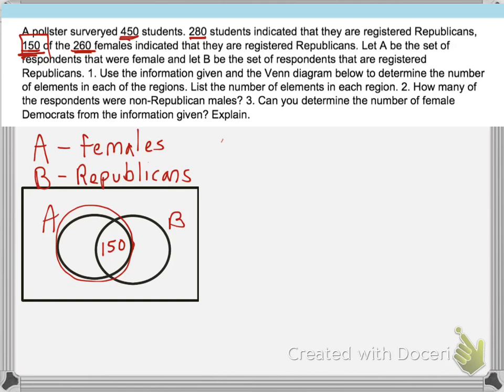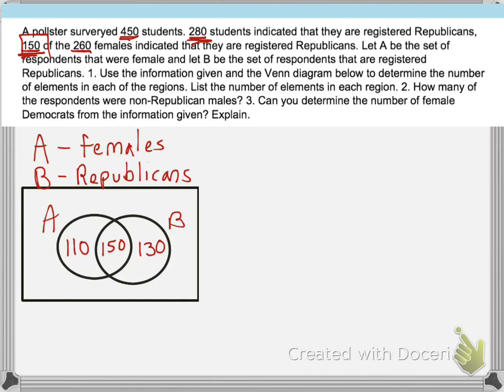That's the whole circle A. We've accounted for 150 of them already, so that means there's 260 total, we have 150, there's 110 left that's just in circle A. We use similar reasoning to figure out circle B. We're told that there are 280 students that are Republicans, so all of circle B has to be 280. We've accounted for 150 already, so there's 130 left over.